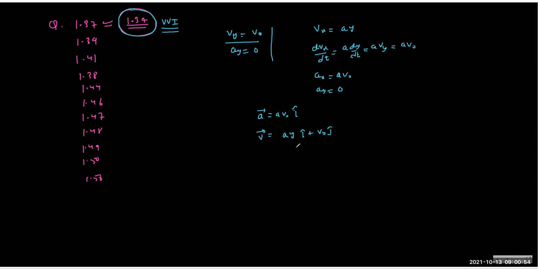So now we have a vector and v vector. So what is the first question? The first question is to find the tangential acceleration and centripetal acceleration. So what is tangential acceleration? If you remember, in any circular motion, if the velocity vector is known to us, let's say it's something like this.